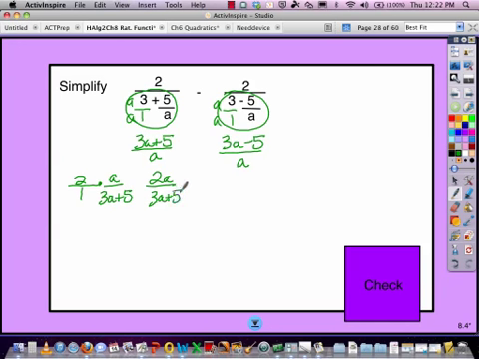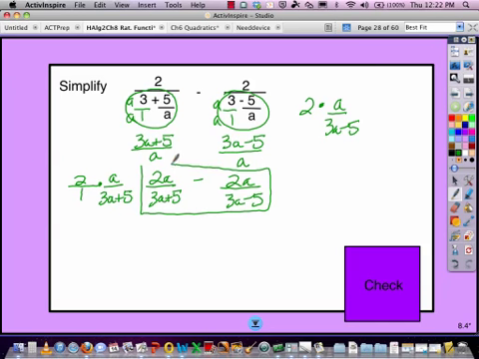Same thing here. This would have been a 2 on top divided by times, though, the reciprocal would be a over 3a minus 5. So the fraction of 2a over 3a minus 5. So right now we have just these two fractions remaining. They are not common denominator.